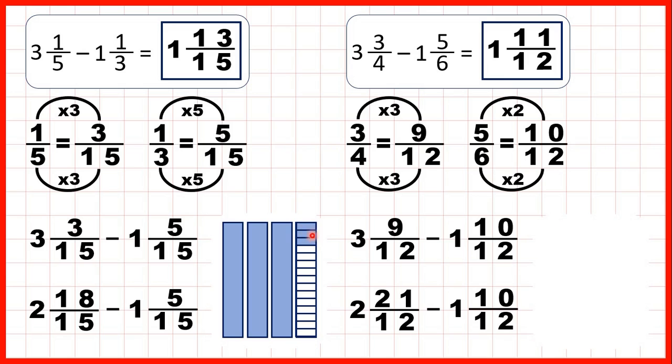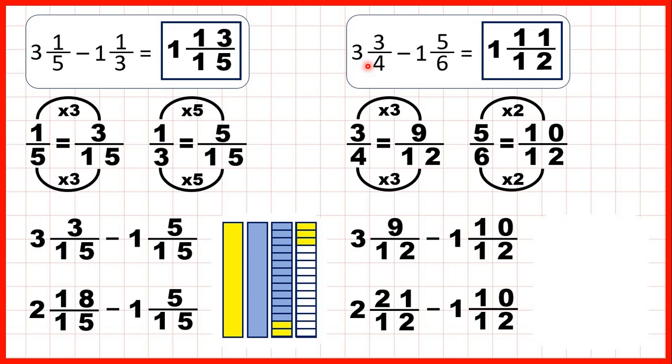But because we only have 3/15, what we can do is turn one of our wholes into 15 more 15ths. So then we have 2 wholes and 18/15. So we can take 5/15 away and take 1 whole away to leave us with 1 and 13/15 left in blue.